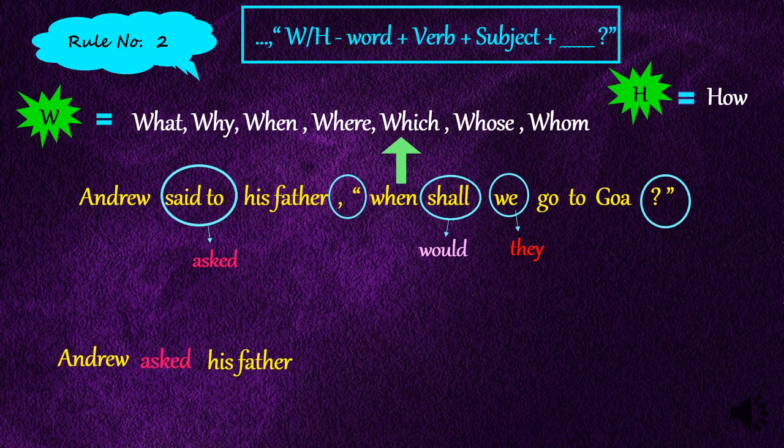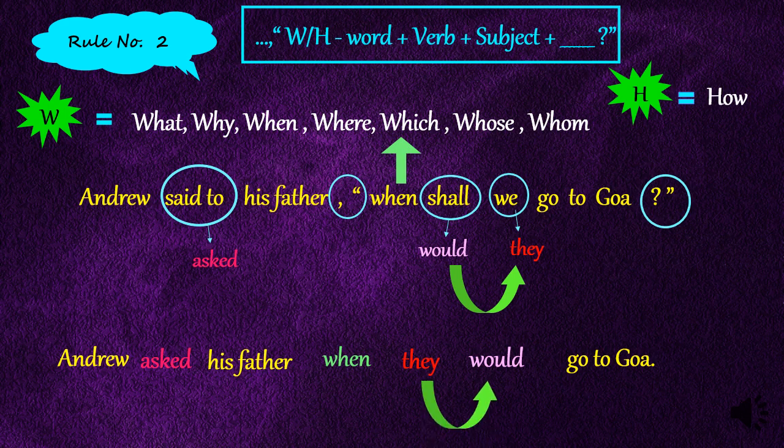The WH word has to be written the same. When. Would is a verb, but when you write the answer here, it has to be written as subject followed by the verb. So it has to be when they would go to Goa. So verb and subject has to be written as subject and verb.